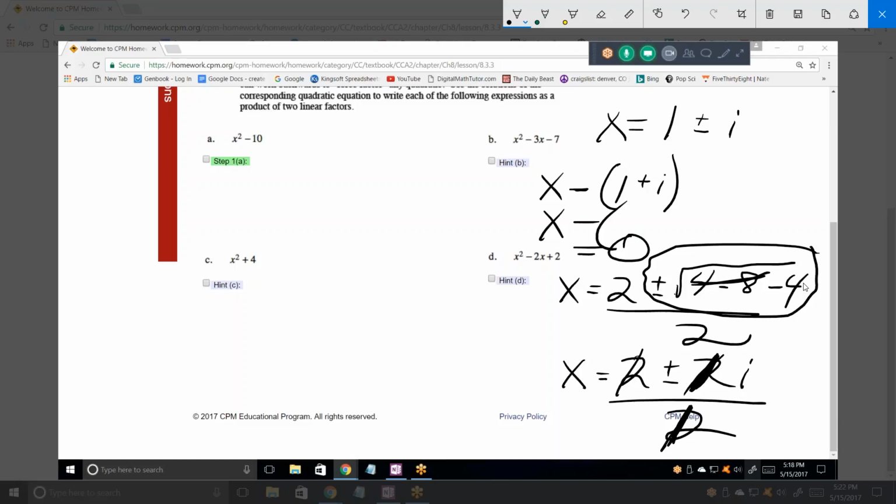Here's the other. And then that one, when I remove the parentheses, becomes x minus 1 minus i. This one becomes x minus 1 plus i. So those are the two factors that, when multiplied together, give you this quadratic.